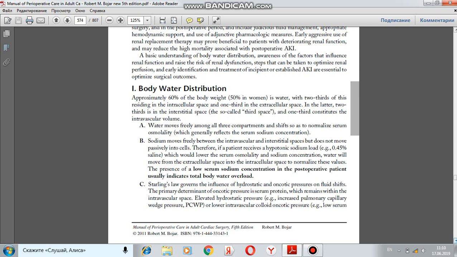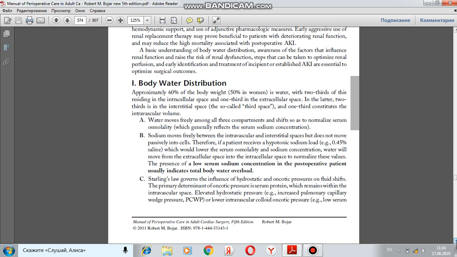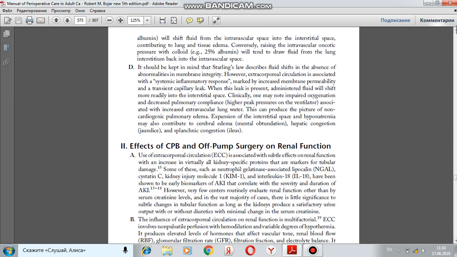Elevated hydrostatic pressure, increased pulmonary capillary wedge pressure, or lower intravascular colloid oncotic pressure, lower serum albumin, will shift fluid from the intravascular space into the interstitial space, contributing to lung and tissue edema. Conversely, raising the intravascular oncotic pressure with colloid, such as 25% albumin, will tend to draw fluid from the lung interstitium back into the intravascular space.